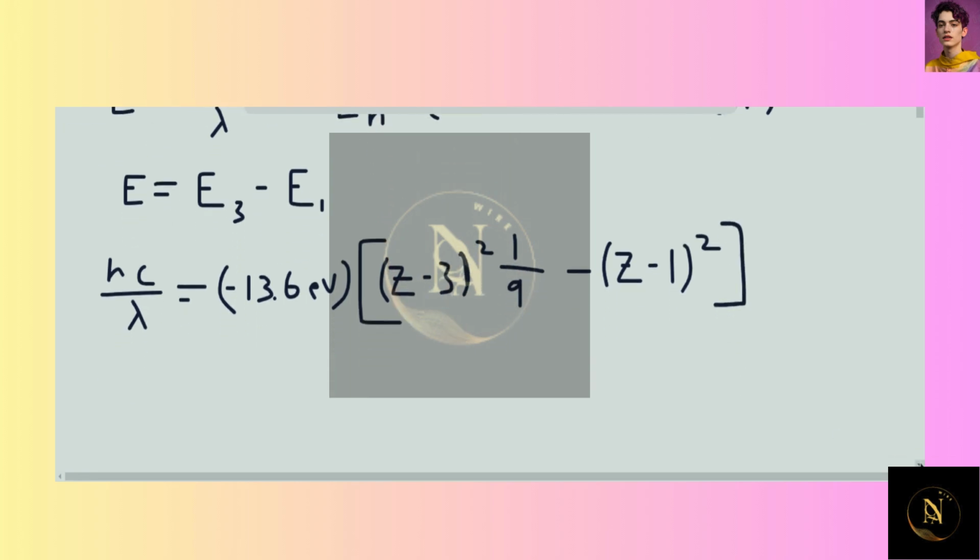Now we can start to solve for Z. I'm going to put everything with Z on the left side of the equation and everything without Z on the right side. So I'm going to divide by negative 13.6 electron volts to get hc over negative 13.6 eV times lambda on the right side. First, carry out the square for Z minus 3 squared times 1/9.